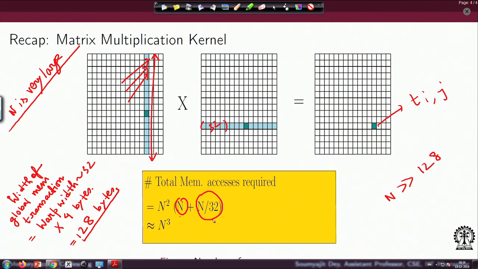So, I have got these many accesses for one element. So, the total number of accesses is n square times this. Now, of course, this is the actual figure, that is the total number of global memory transactions would be this. Considering 32 as very small, if I am considering a significantly large matrix, I can approximate it as n cube, but of course, that will hold for n very large.